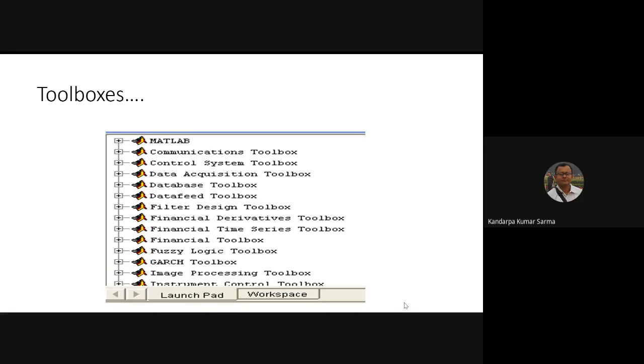So it's quite flexible, quite covering, quite inclusive. Means all types of computations shall be supported by MATLAB. Very rudimentary calculation to very sophisticated scientific calculation. All things can be done by MATLAB.